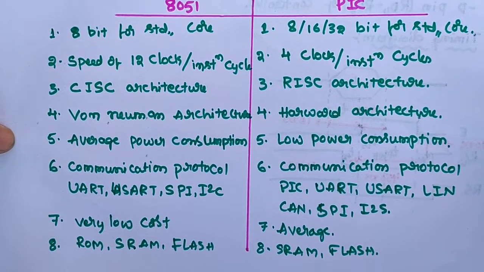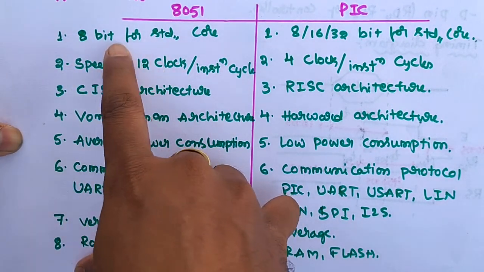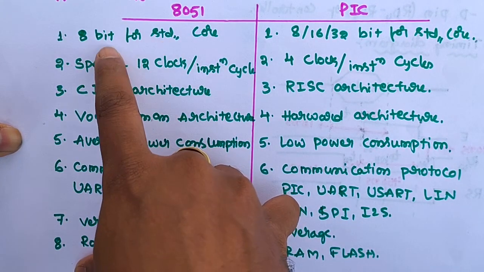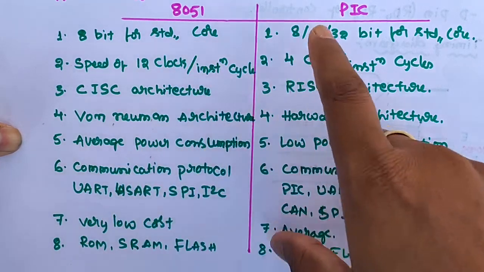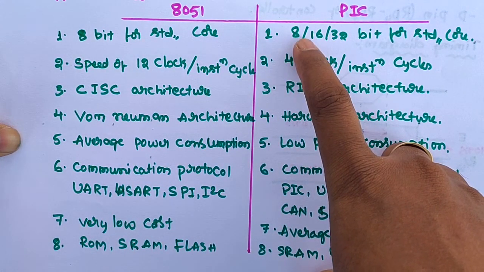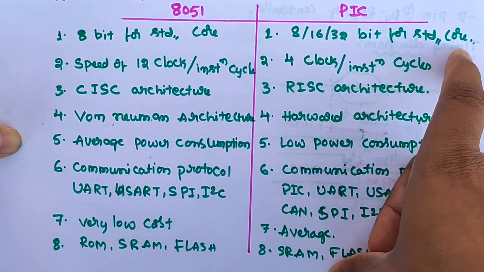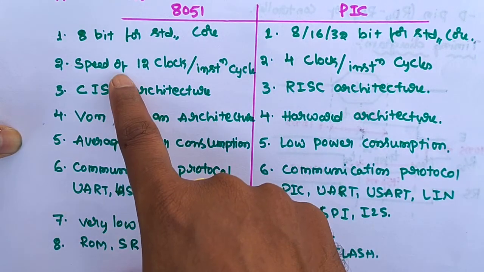The 8051 is, as we know, an 8-bit microcontroller with an 8-bit standard core, but the PIC microcontroller has 8-bit, 16-bit and 32-bit variants.